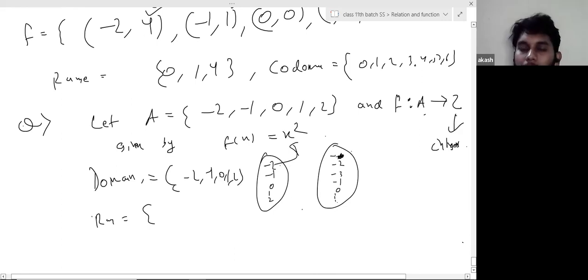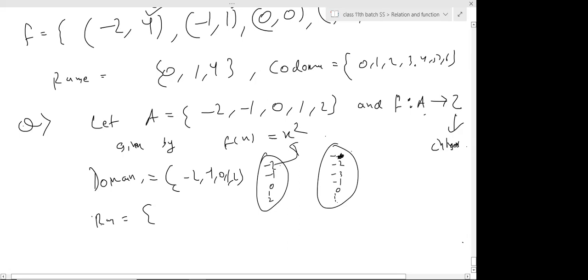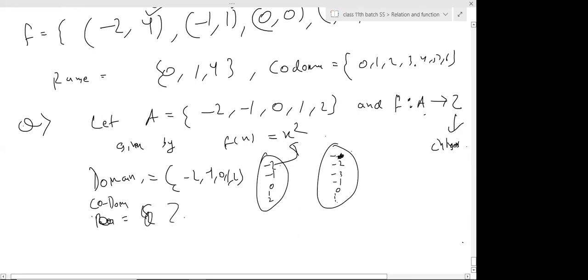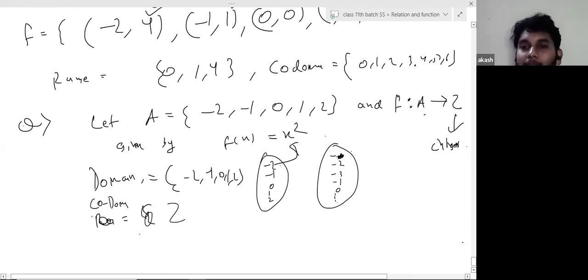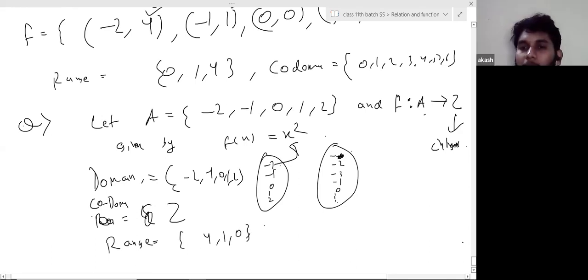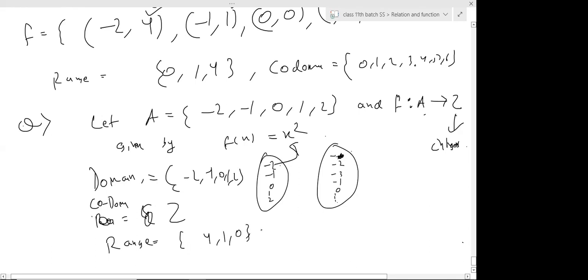Write down the ordered pairs. So you are saying codomain is Z, right? Then it is okay. You said range, so that is why I'm asking. So what will be the range? The range is 4, 1, 0. You don't have to repeat elements.